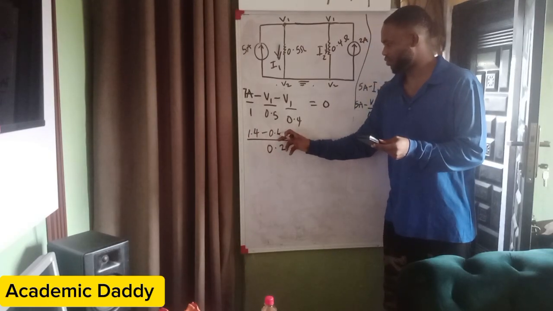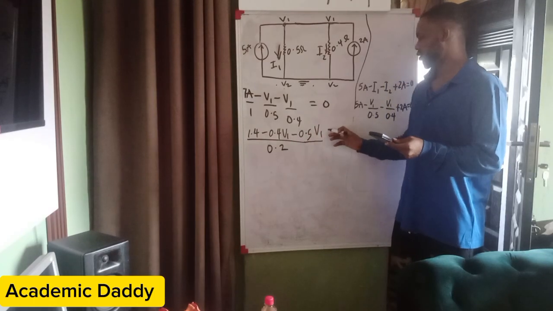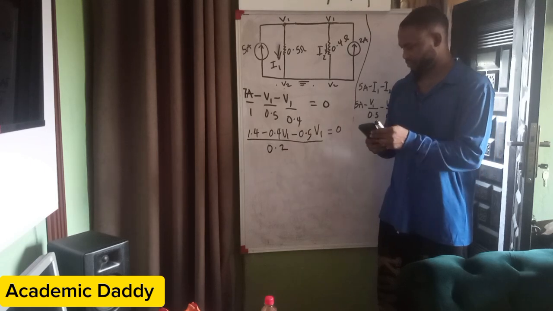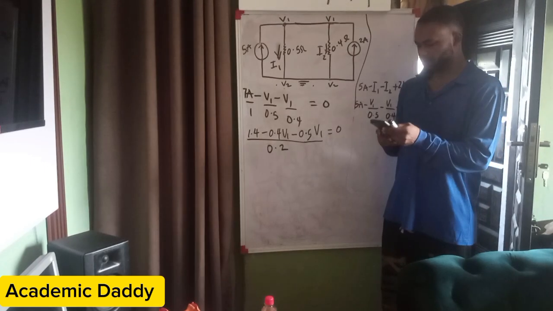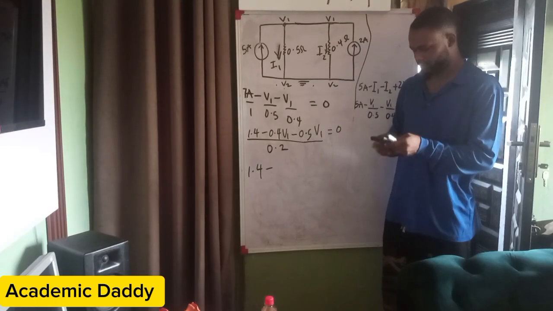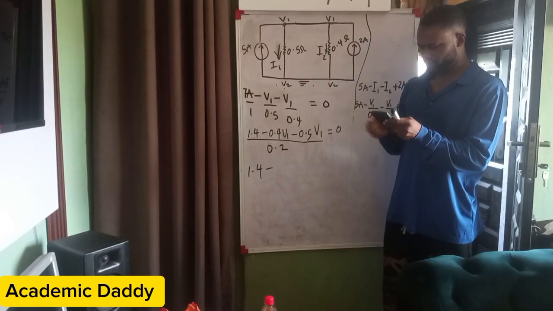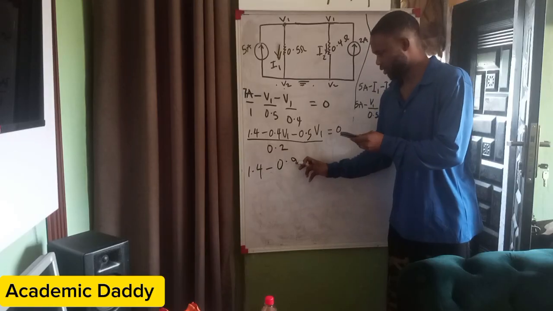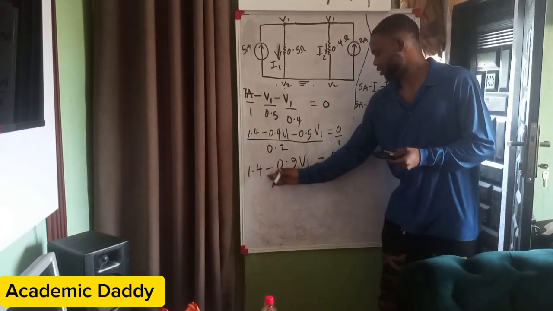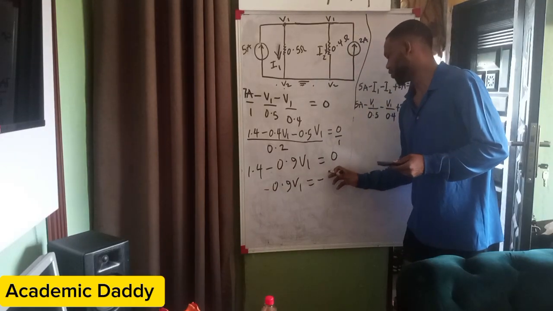1.4 minus 0.4 V1 minus 0.5 V1 equals 0. It's the same thing as saying 1.4 minus, since this one is carrying V1, 0.4 plus 0.5, so minus 0.9 V1 equals 0. Crossing the equality sign, we have minus 0.9 V1 equals minus 1.4.